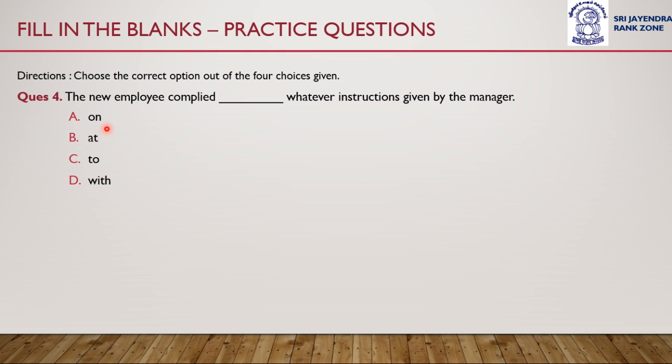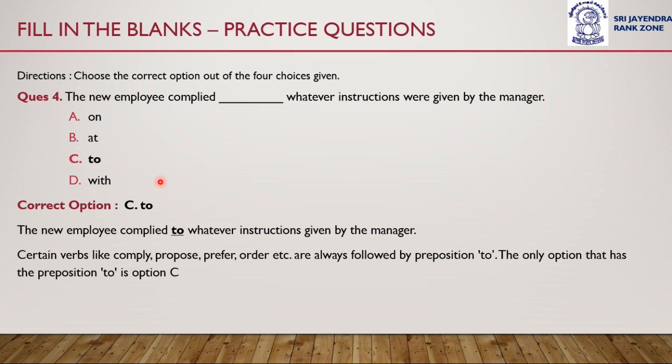So the correct option would be option C. The new employee complied to whatever instructions were given by the manager. So this is the correct sentence, and option C would be the answer to this question.